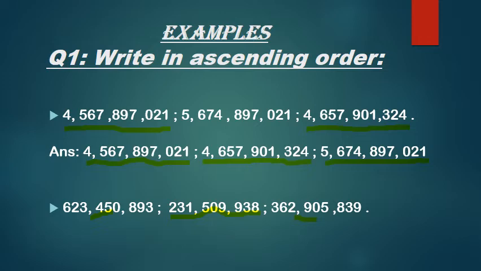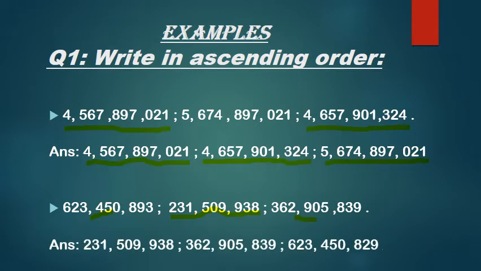So, firstly, we will write 231,509,938, then 362,905,839, and lastly we have to write 623,450,829. So finally this is also arranged in ascending order.